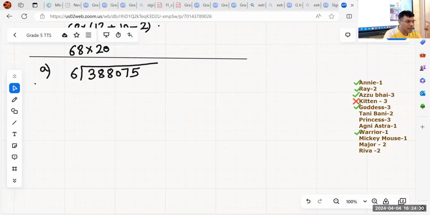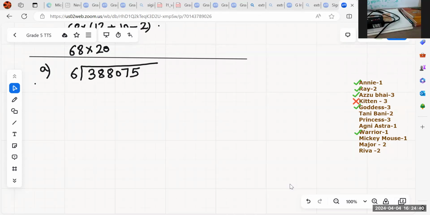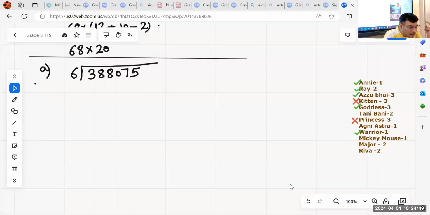Mickey Mouse, I can see your charger. I can't see you. Sir, which charger? There's no charger around here. I can see a whiteboard. I can see some wire and charger.